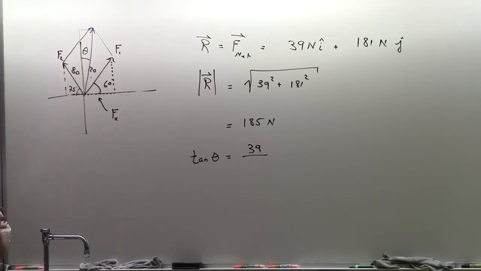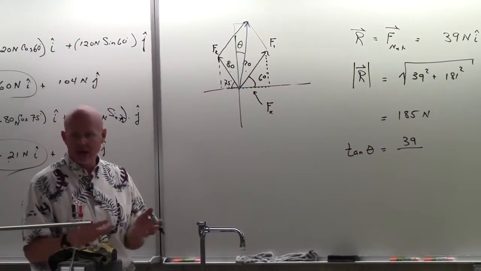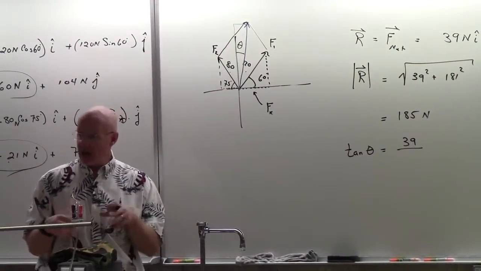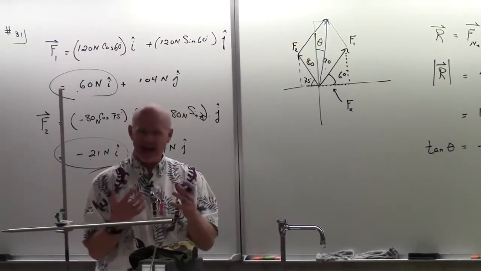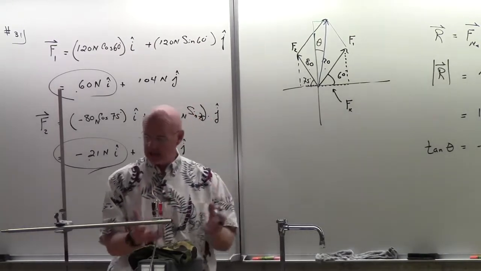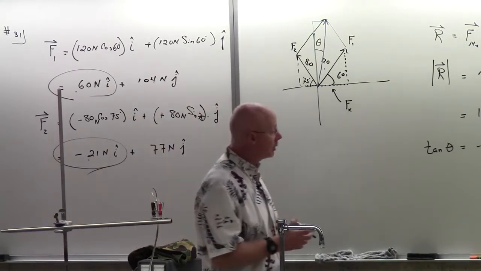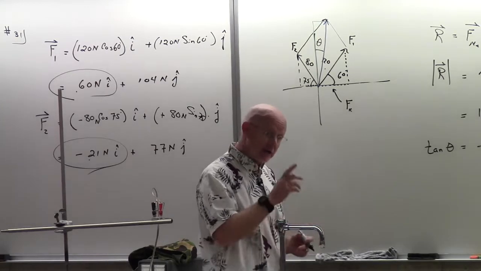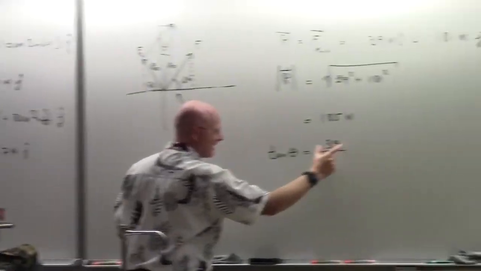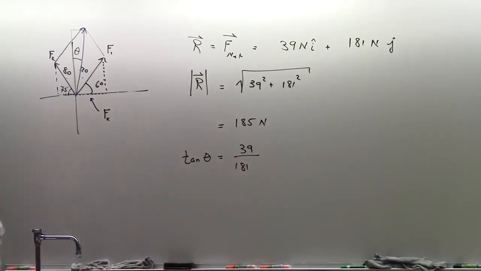So I'll say it again as we looked at in Monday's lecture: don't always think that the tangent has to be made with a y over an x. It can be an x over a y if you're looking at an angle that is different than the angle from the x-axis, as you first learned in your math class. And this is a good example of that. I am looking at an angle not from the x-axis, but from the y-axis. And so opposite of that is the x component. Adjacent to it, then, is the y component. So it's opposite over adjacent.